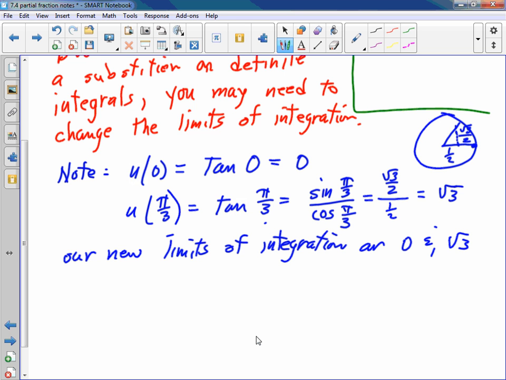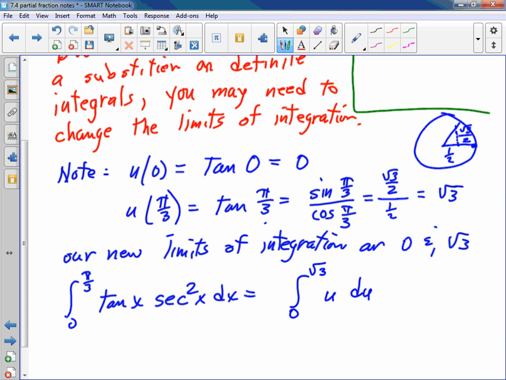So we can say now we have the integral of 0 to the square root of 3, and maybe I should back up. I'll do the original. The integral from 0 to pi over 3 of tangent x secant squared x dx equals the integral from 0 to square root of 3 of u du.